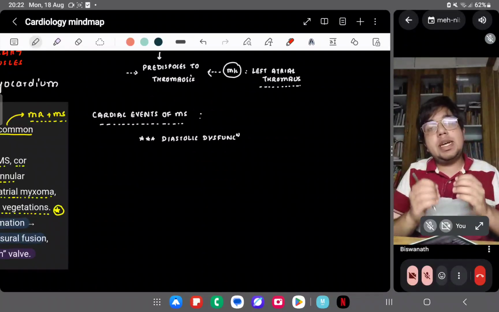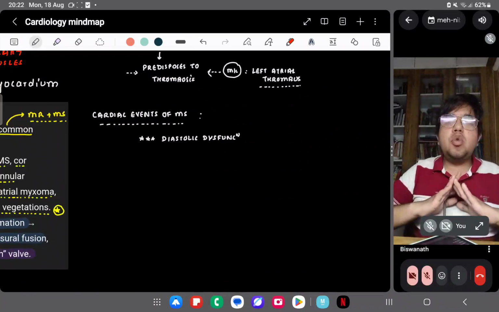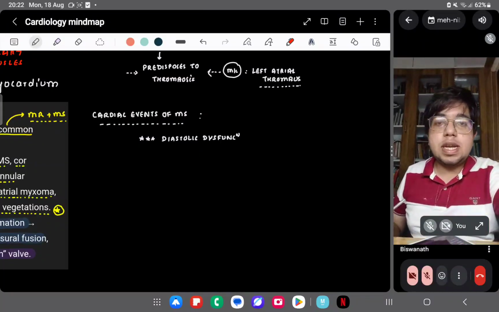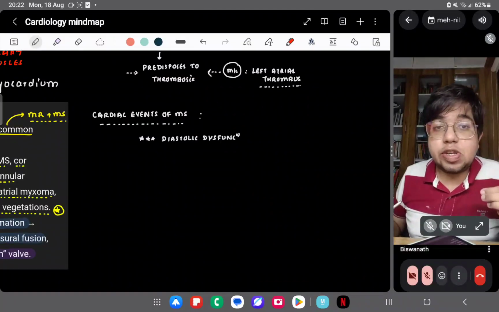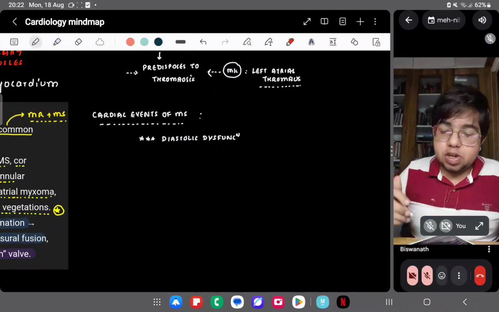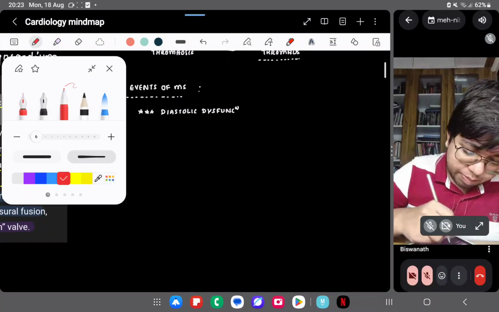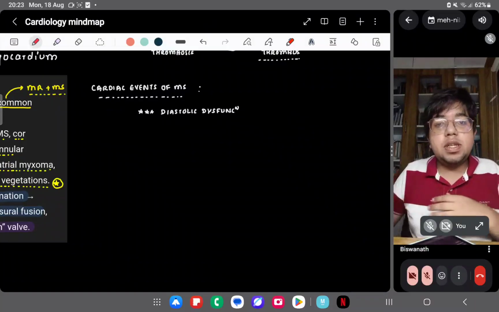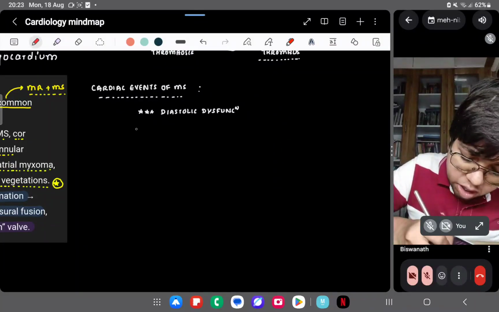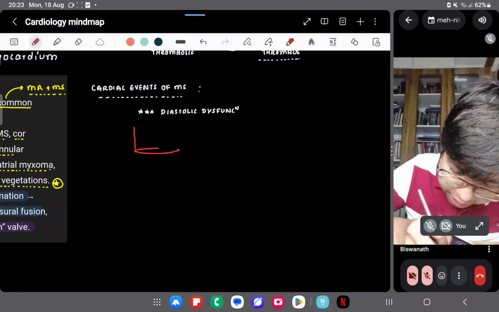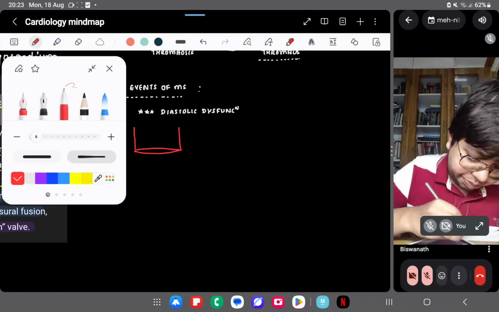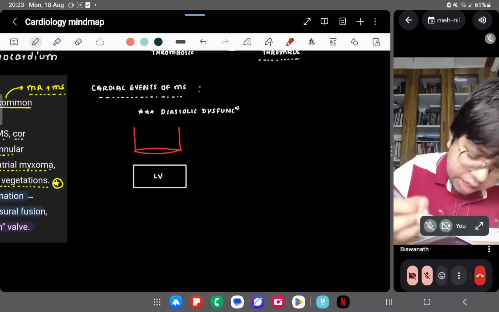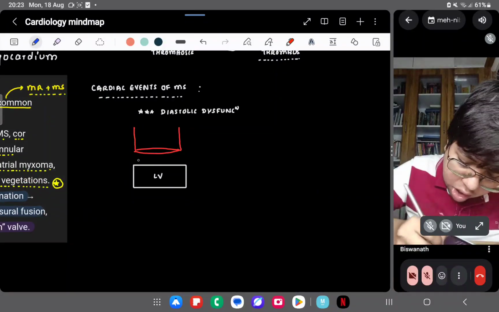This mitral valve basically opens completely, so we have no pressure gradient at all. Remember I told you about aortic stenosis, and I am talking about mitral stenosis in the same way. If you haven't watched it, please do watch aortic stenosis before coming to this lecture, because I will be using the terms along with it. In aortic stenosis I told you this was our aorta and this was our left ventricle, and there is a common channel here.